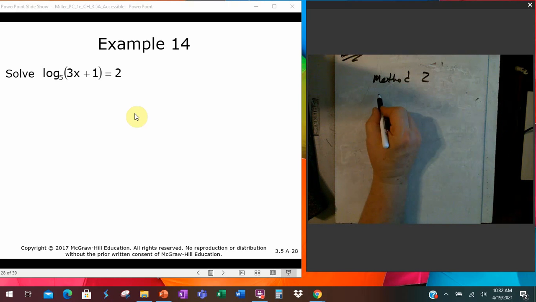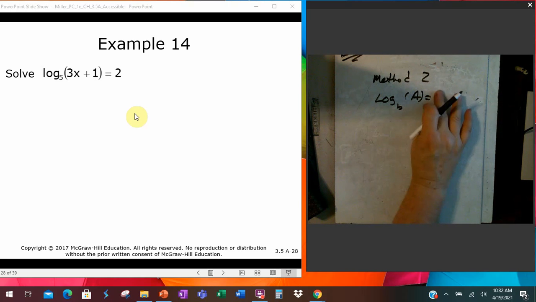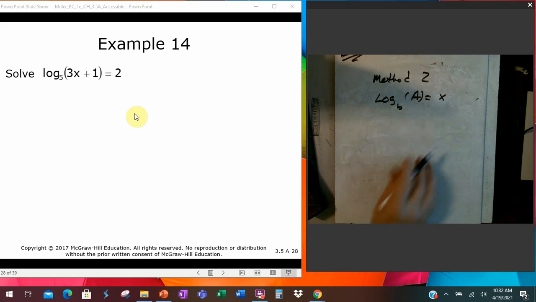Okay, method two says I want to get some expression eventually to one expression. I want to recombine everything. Any base B of some expression A is equal to a number. Let me do a number. Okay, so what does that mean?